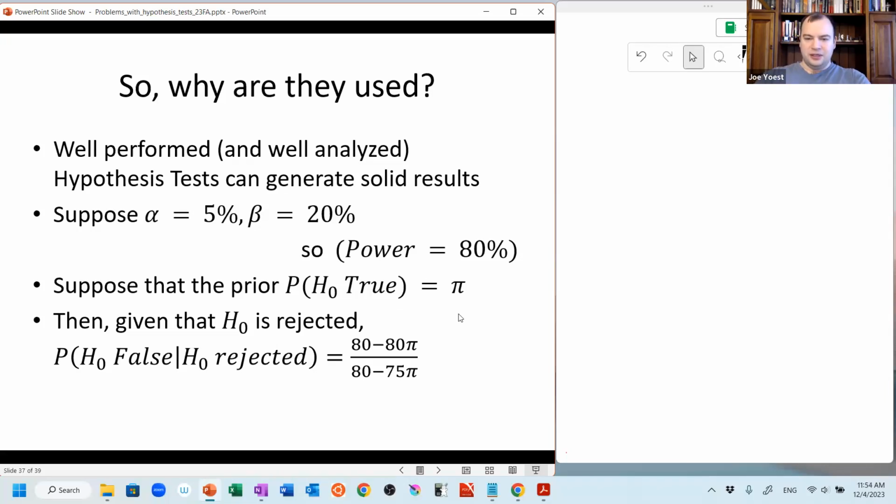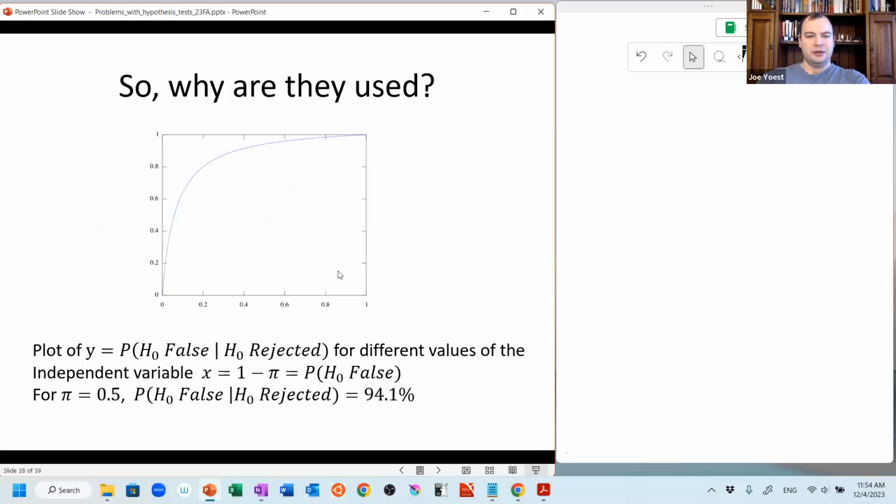And then the other thing that I want to point out is, I'll skip over the math here, but basically along the bottom, we have the probability that H naught is false from a Bayesian perspective, the prior probability that it's false. And then on the y-axis, we have the probability that H naught is false, given that a frequentist would have rejected it, given that a hypothesis test generated a rejection.